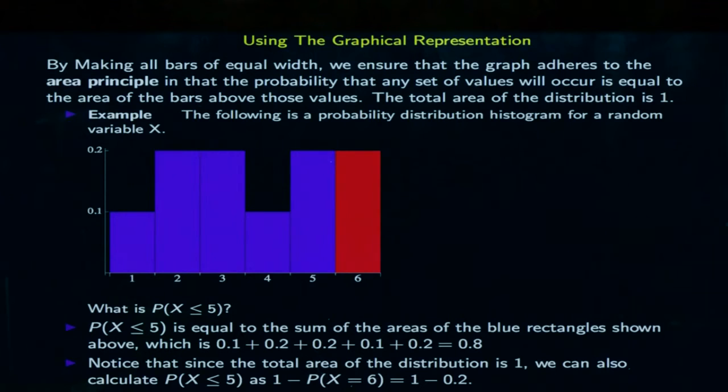Another clever way to do this is to say, well, the total area of the distribution is 1, and so I can calculate the probability x is less than or equal to 5 as 1 minus the area of the red bar, which is 0.2. So that probability is 1 minus 0.2, which is 0.8.